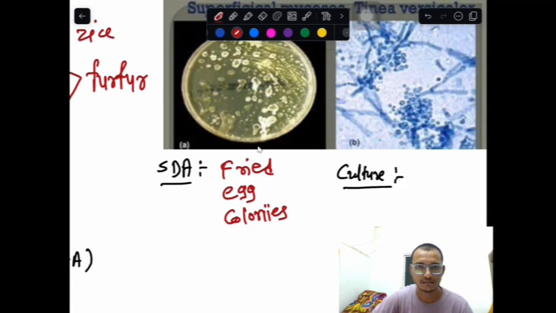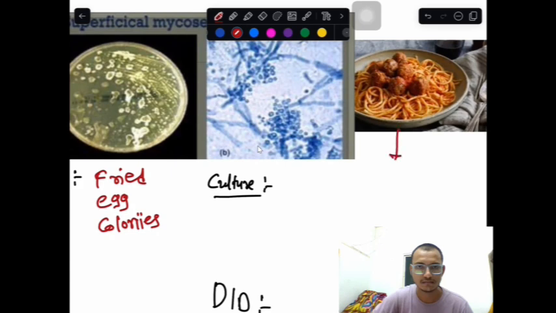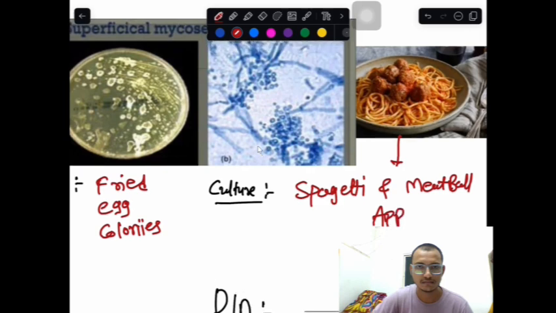Okay, fried egg colonies. And if we look at it microscopically, how does it look? It is the spaghetti and meatball appearance. You can see the small meatballs with the spaghetti.